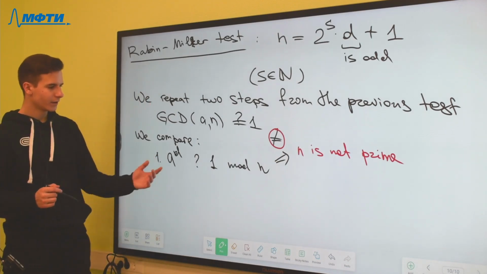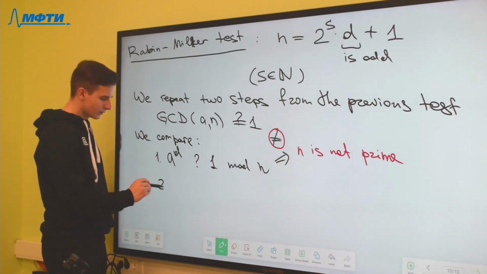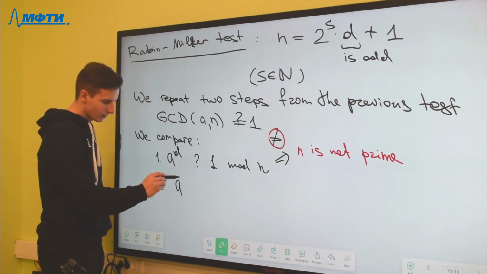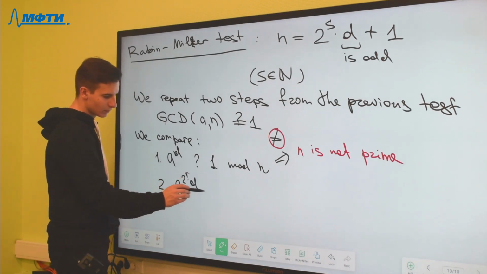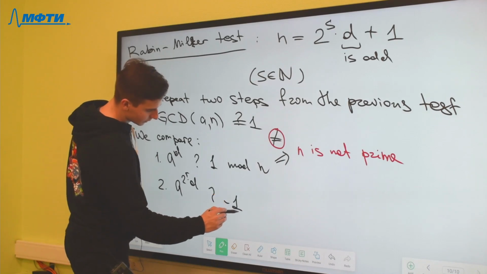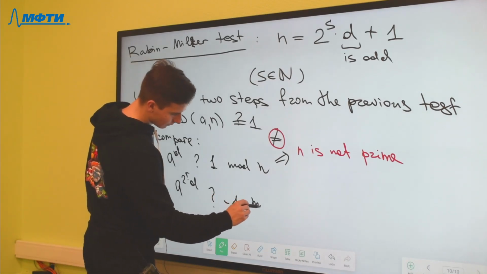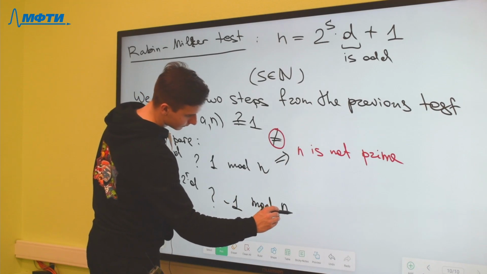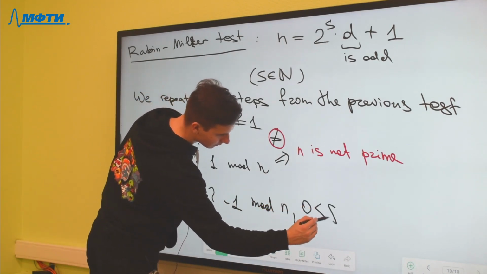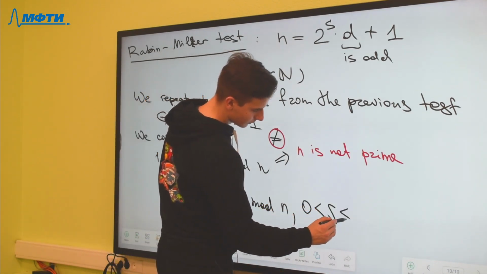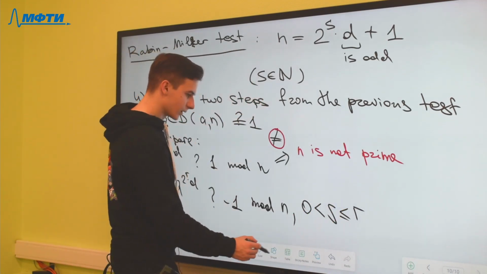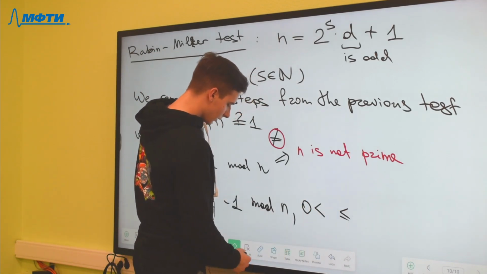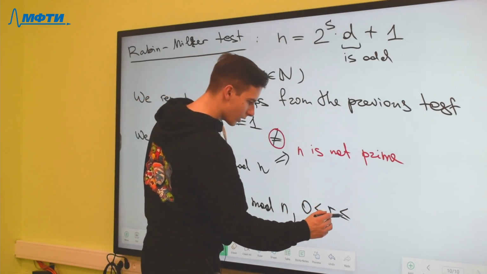If they're equal, then we compare a to the power 2 to the power r multiplied by d with minus 1 modulo n. And r will be between 0 and s.